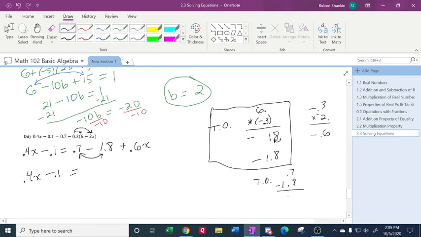When you add or subtract without a calculator, you need to line up the decimal. You subtract the smaller one from the bigger one. Think of it as 1.8 minus 0.7, which is 1.1. But then the sign of the larger is negative.